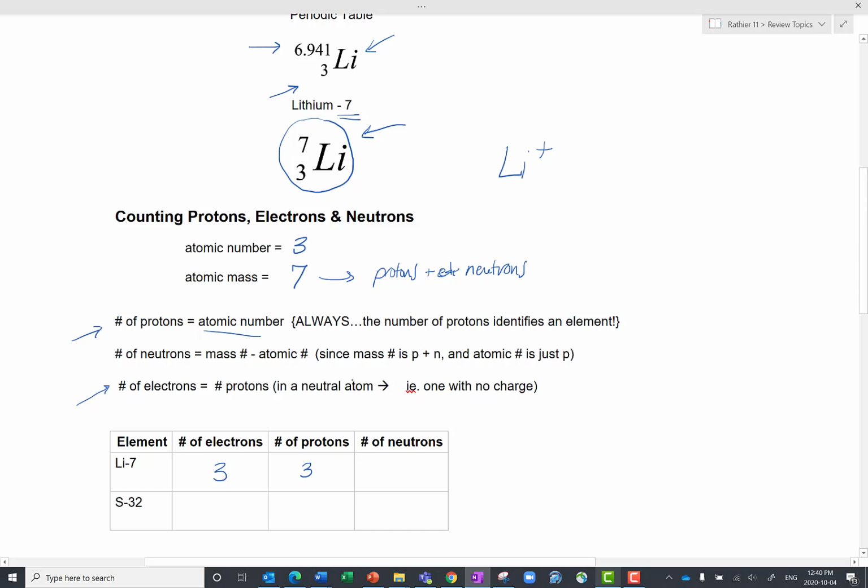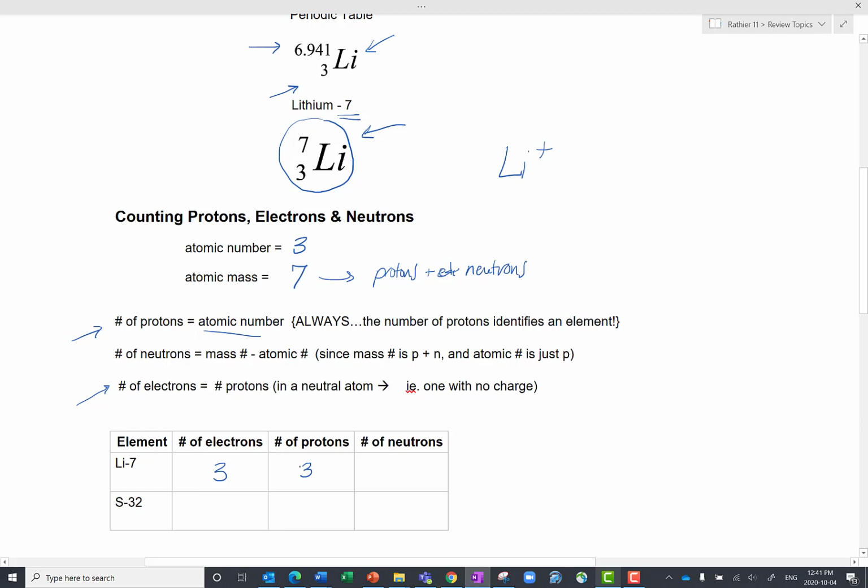So what is useful to us is that the atomic mass is equal to the number of protons plus the number of neutrons. Why does that work out? Because they essentially have an equal mass. And this mass here is in the same unit as the protons and the neutrons.